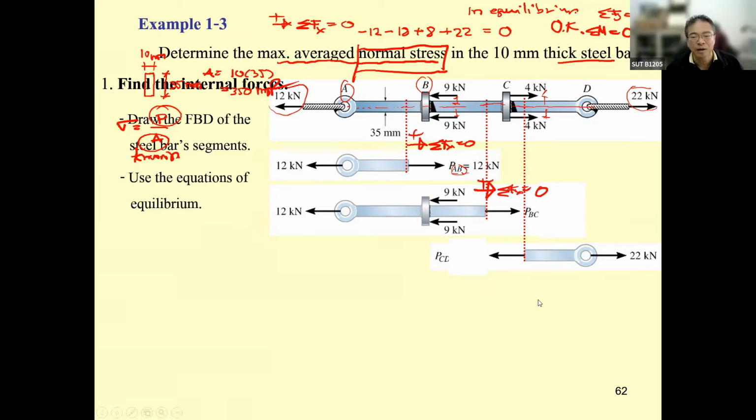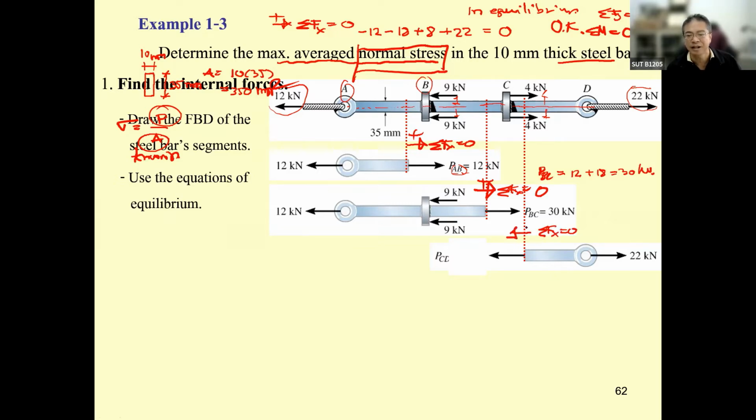P sub BC is going to be what? It is positive. It's going to be in this direction. It's going to be equal to 12 plus 18. That is going to be 30 kilonewton. Okay, you got this one, 30 kilonewton. And the last one, summation of F sub x equal to 0.